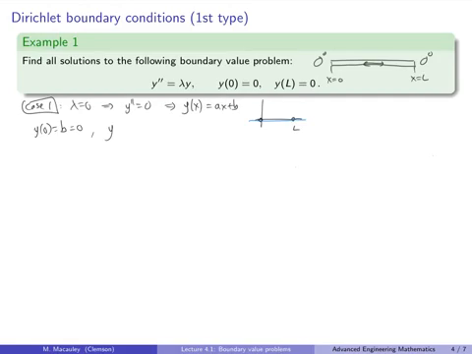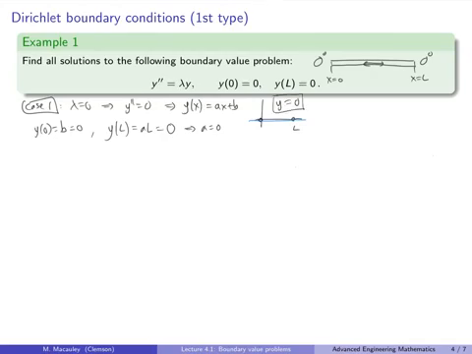And then, so b is 0, if you plug L in here, you get y of L equals a times L, and that is equal to 0. That tells us that a is 0, because L is different from 0. So we get right away that y equals 0.